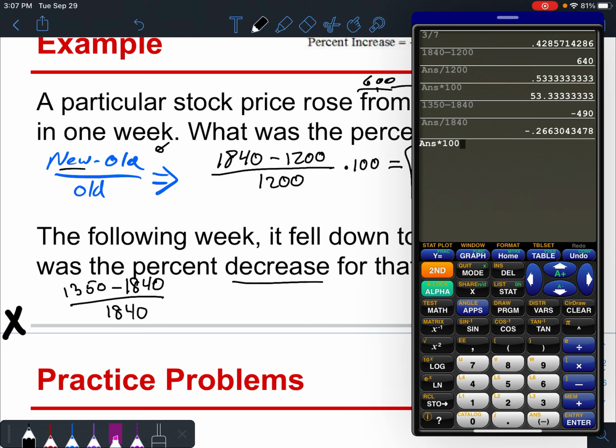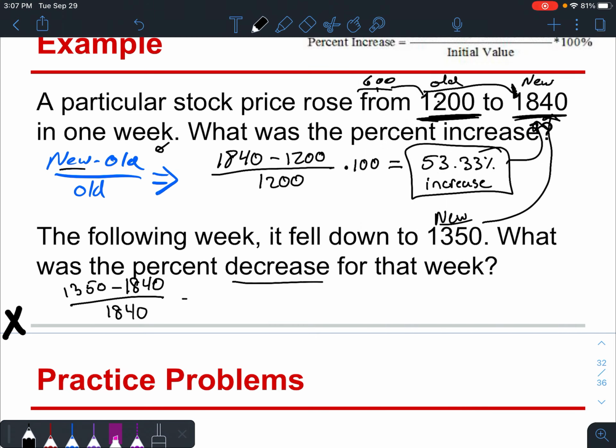Now you're going to look at this and say, hey, that number's negative. Well, it went from 1,840 to 1,350. So negative 26.63%. That is a negative value, and that tells us that it decreased because we went from 1,840 down to 1,350.